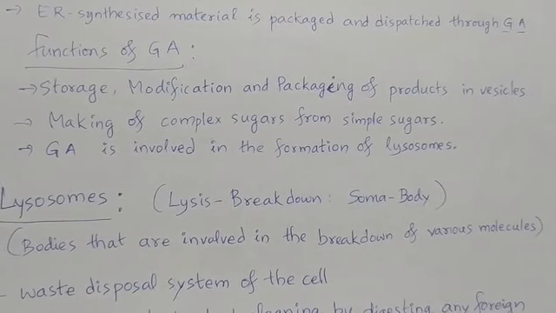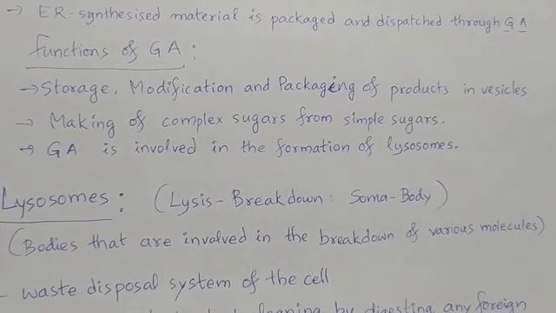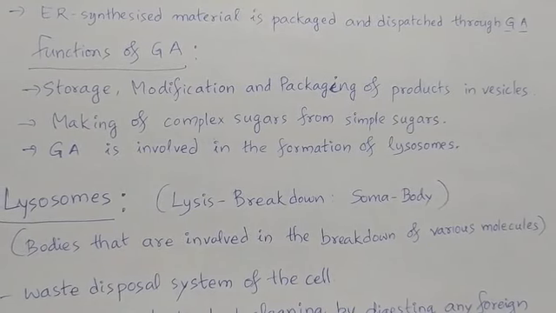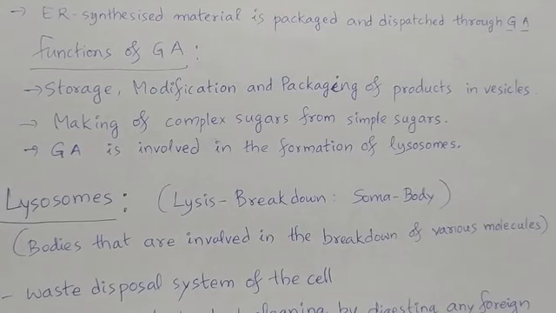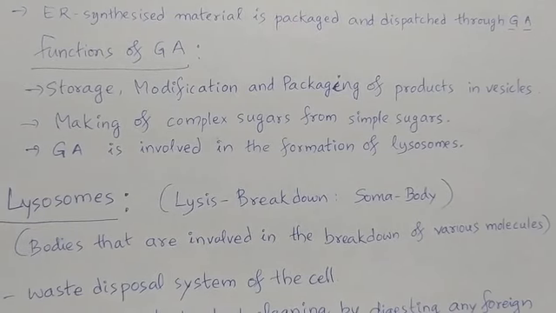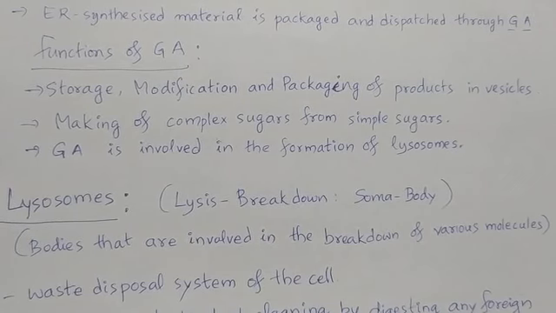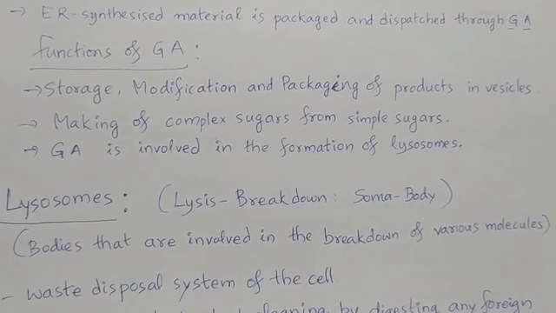And certain simple sugars are modified into complex sugars inside the Golgi apparatus. Some of the protein packets come out and deliver their products at various targeted areas in the cell.